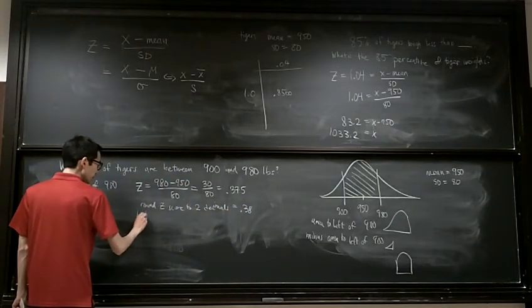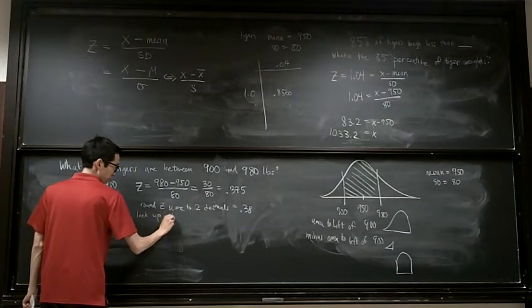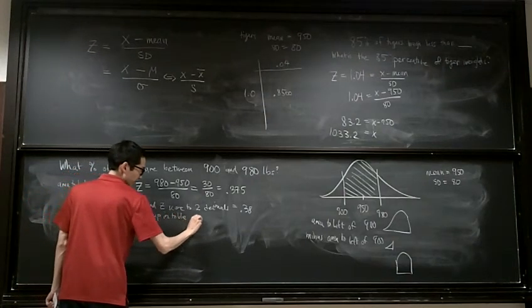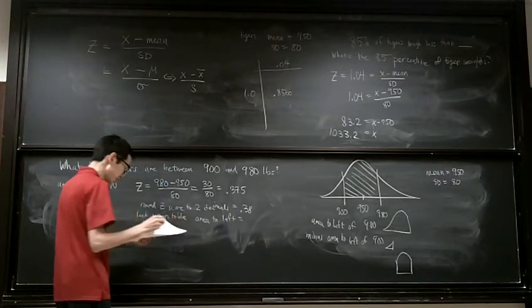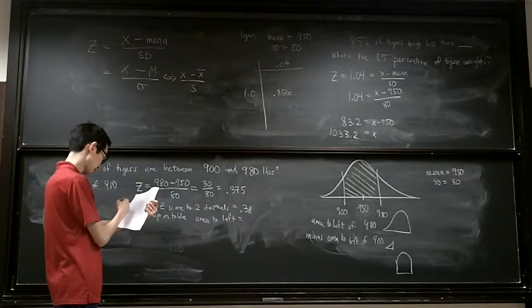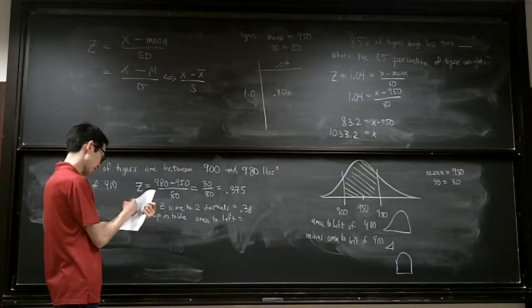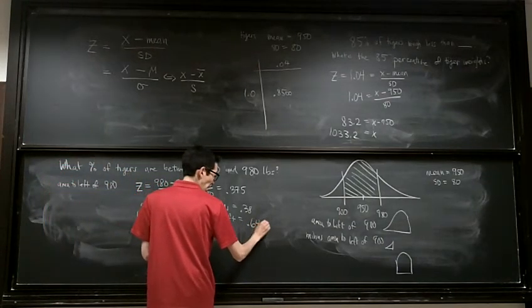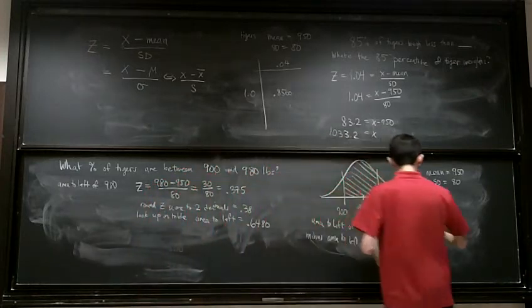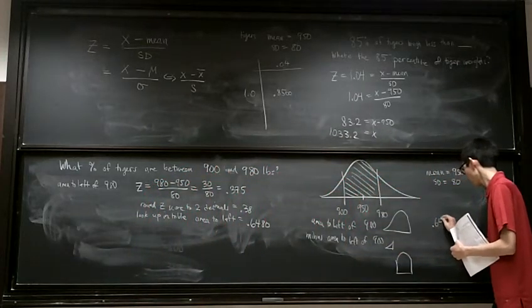Look up in the table, and the area to the left is equal to 0.6480. So this part is 0.6480.